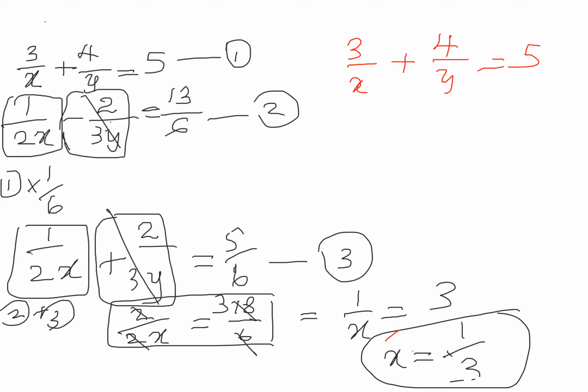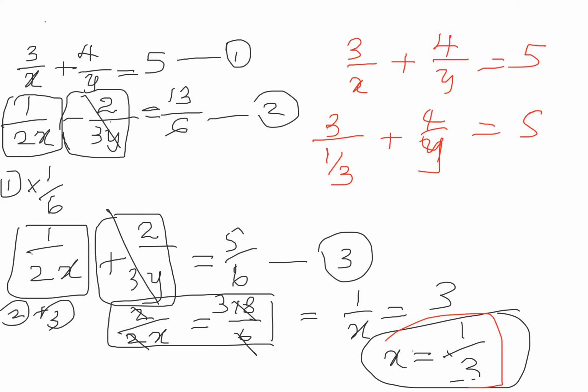Now we know our x equals 1/3, right? Then I'll apply that instead of x: 3 divided by 1/3, because x equals 1/3, plus 4y equals 5, right?